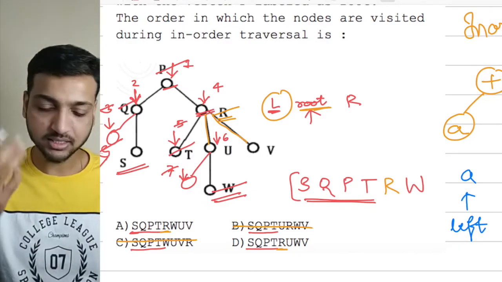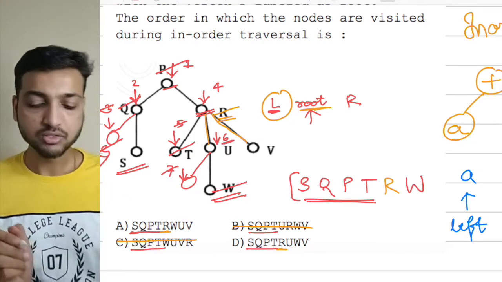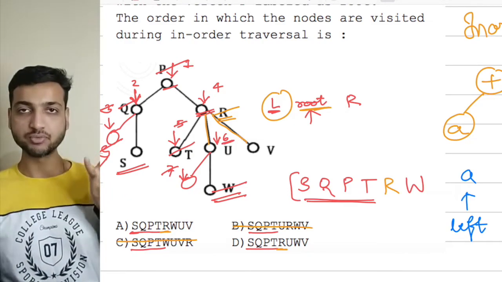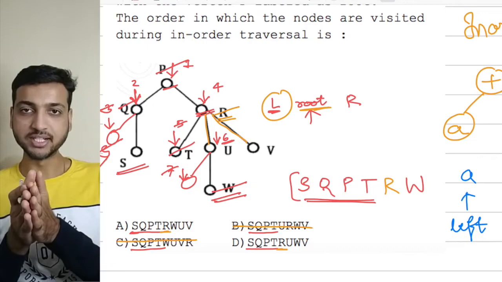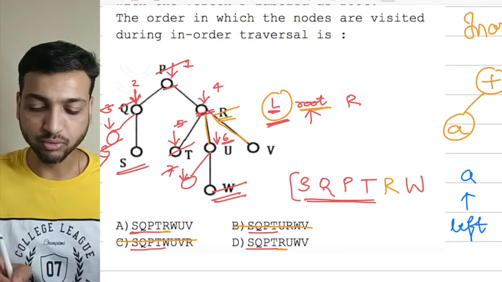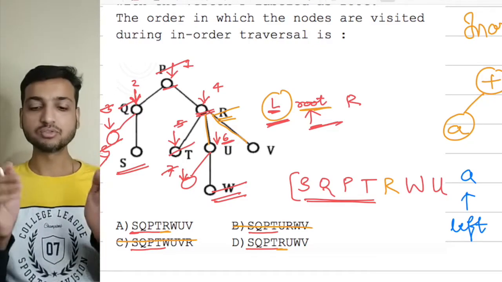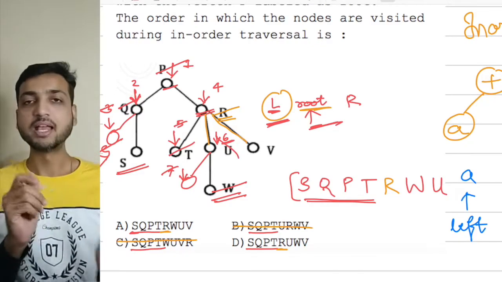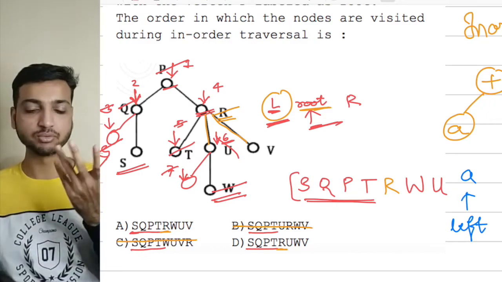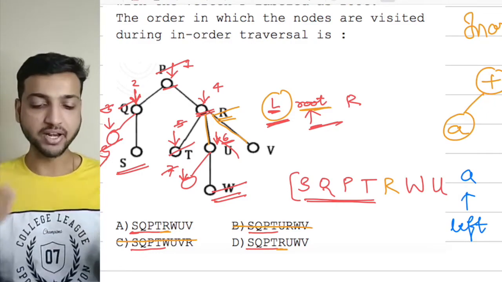Now we backtrack, we go to 6. The left of U is done, which was W, then U itself will be visited. Left was done, now the root will be visited. So after W I'm going to write here U, so U is also visited, I'm going to strike it out, and then we visit the right of U, but there's nothing to the right of U, so we backtrack.